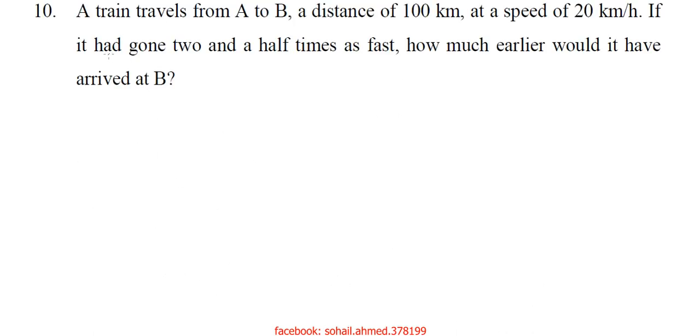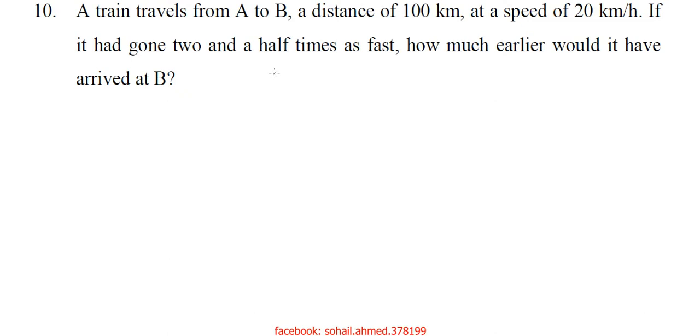Question number 10. A train travels from A to B, a distance of 100 km, at a speed of 20 km per hour. If it had gone 2.5 times as fast, how much earlier would it have arrived at B? 2.5 means 2.5, right?